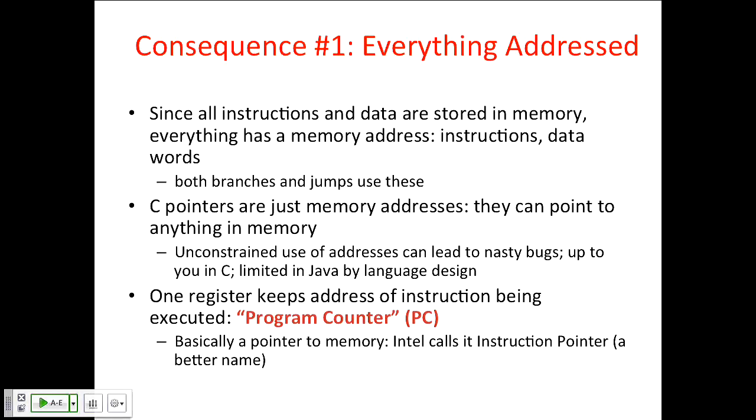Now, the thing to remember is MIPS is a byte address machine, so every byte, every 8 bits, has a unique address. And instructions are 4 bytes long. One restriction we put on instructions to make it easy to build the hardware is that they have to be 4-byte aligned. So they can only start on byte addresses that are multiples of 4. You can have an instruction starting at address 0, 4, 8, 12, 16, but you cannot have an instruction starting at address 3. That just wouldn't work. That would make it too hard to build the hardware.